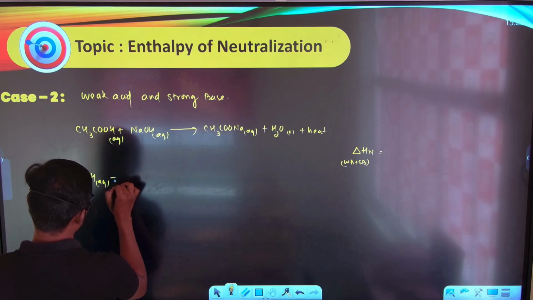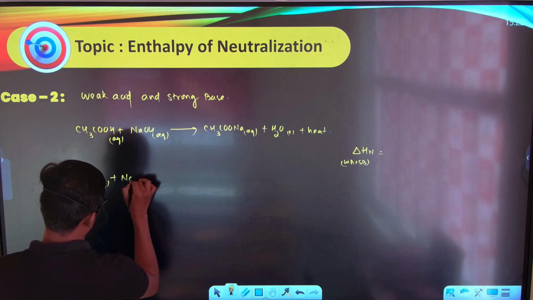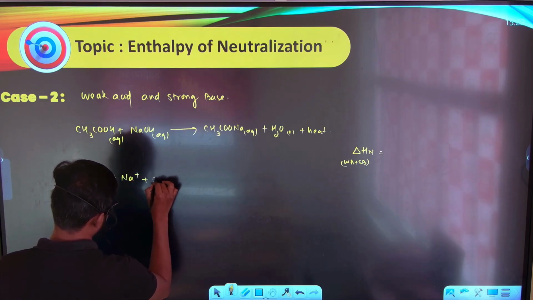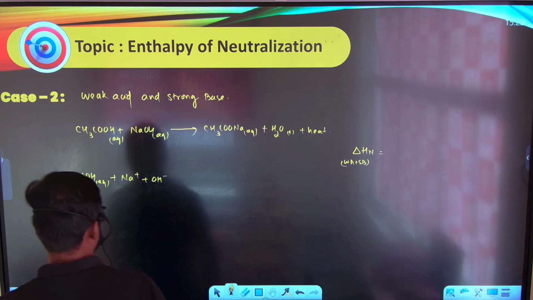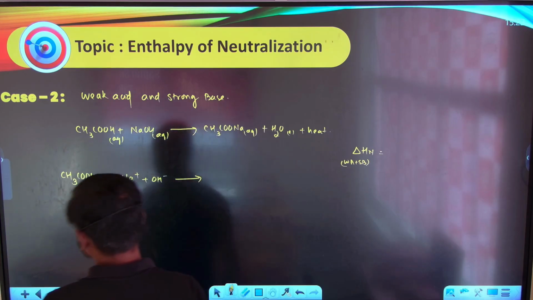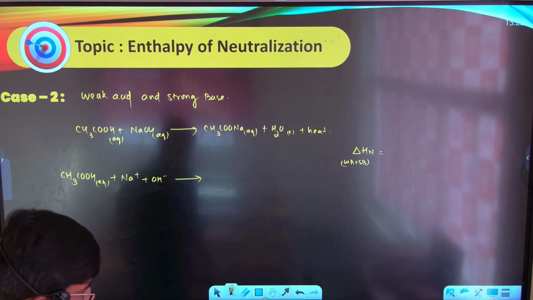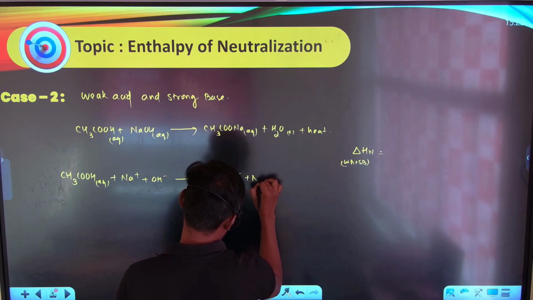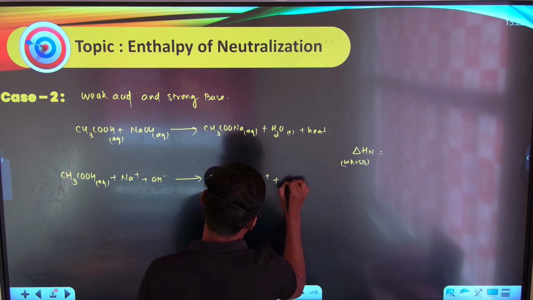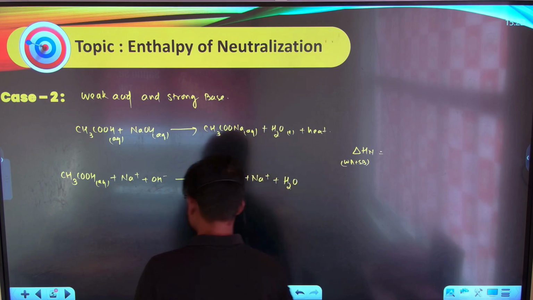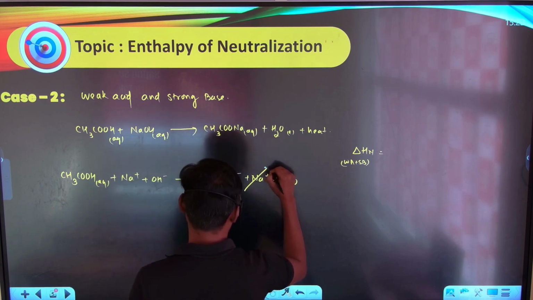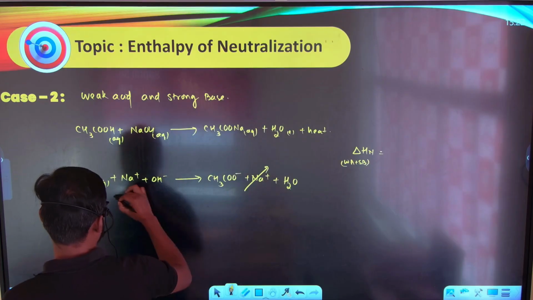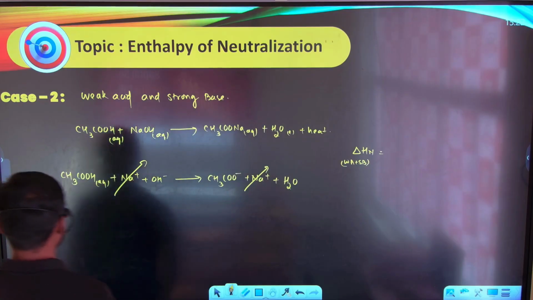But as our NaOH is a strong electrolyte, it will split as Na plus and OH minus. That will produce this salt. Always the salts that are soluble are strong electrolytes. This will be as CH3COO minus plus Na plus, H2O. So if we cancel out all these common ions, my net reaction will be this.